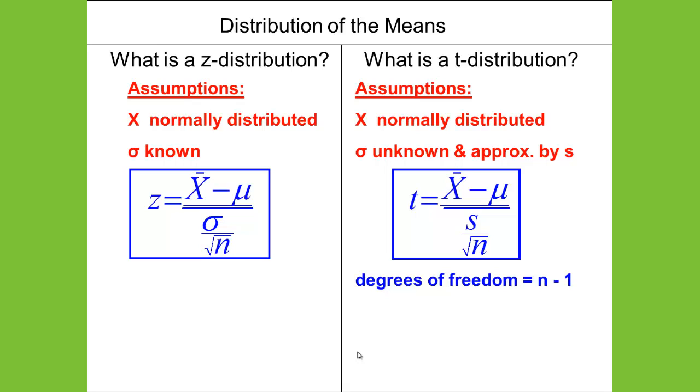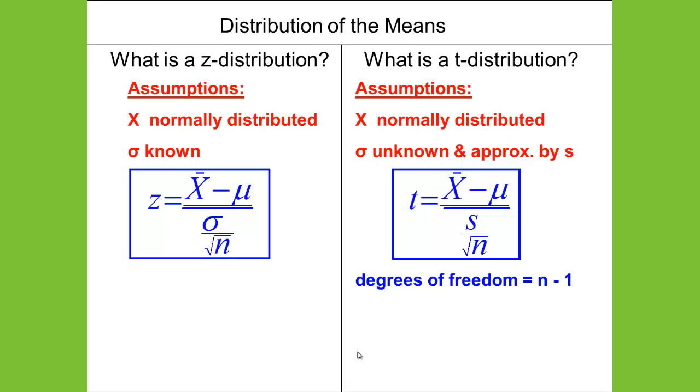The difference is, if I read them, they're the same if I read them as the sample mean minus the population mean divided by the standard deviation over the square root of the sample size. The difference between the formulas is one is using the population standard deviation and one is using the sample standard deviation.